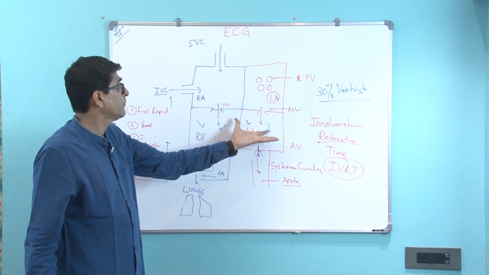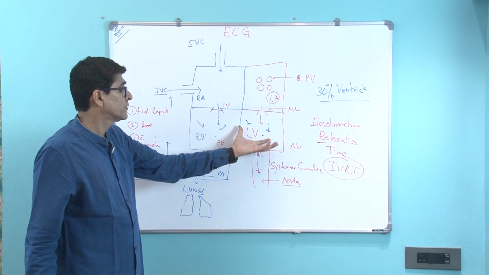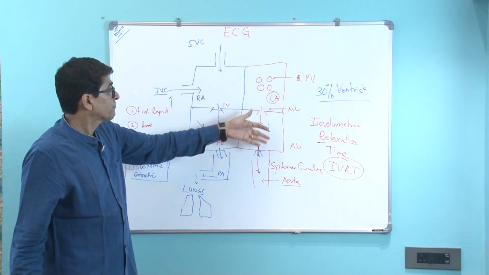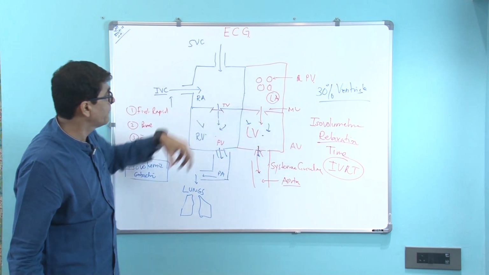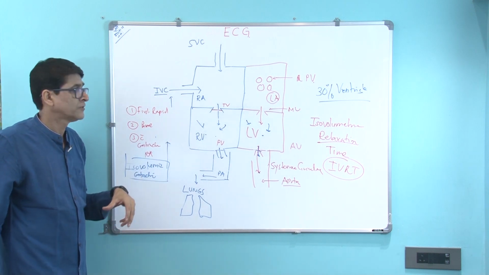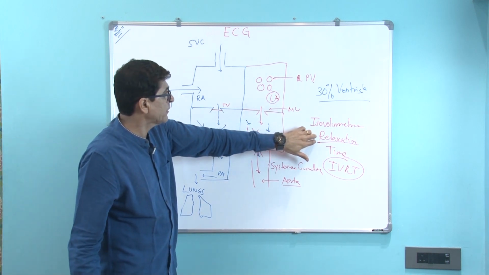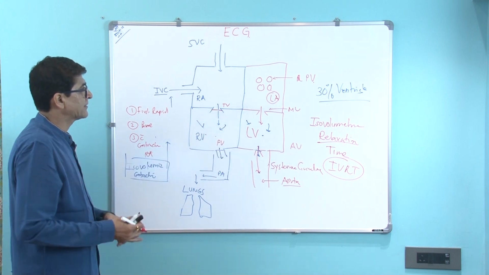When the isovolumetric relaxation time is reduced, then the filling of both the ventricles will be less. So that's why it is very important to know isovolumetric relaxation.